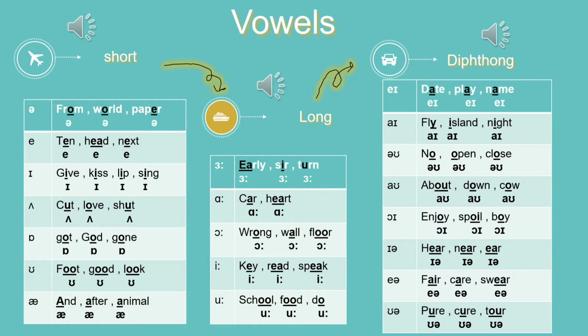Number 2, long. The symbol is ɜː. Example: early, sir, turn. Number 2, ɑː. Example: car, heart.